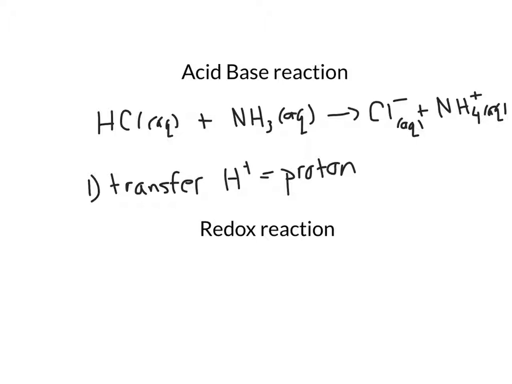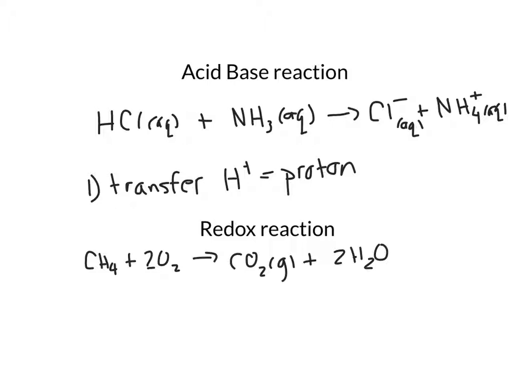If your reaction is neither acid-base nor precipitation, then it is likely to be a redox reaction. An example of a redox reaction would be CH4, methane, plus 2 oxygens goes to form CO2, gas, plus 2 H2O, waters.